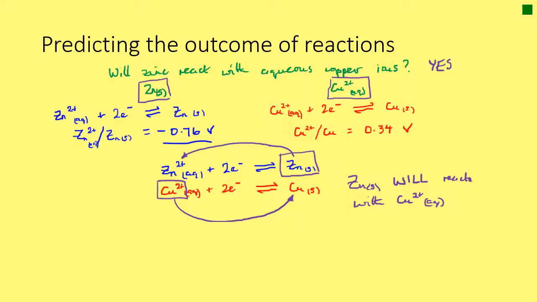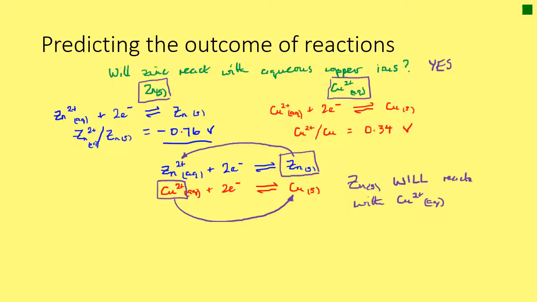The next step, which I'll do in purple, is to draw on these anti-clockwise arrows. You go from the product of the top reaction to the reactant of the top reaction, and then the bottom arrow, also going in the anti-clockwise direction, goes from the reactant of the bottom half equation to the product of the bottom half equation.